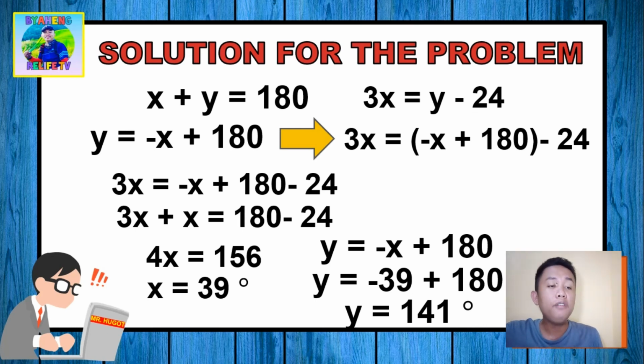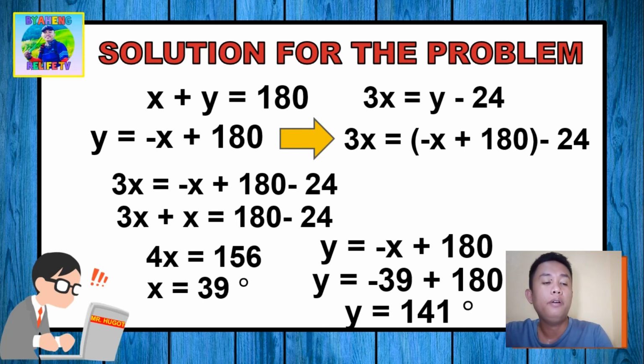So, meron tayong solution for our problem. We have 39 degrees para sa ating x and 141 degrees para sa ating y. Yun po ang kasagutan natin. So, I hope guys na natutunan ninyo ang discussion natin. Kung may tanong kayo about this discussion, just comment it below para alam ko.